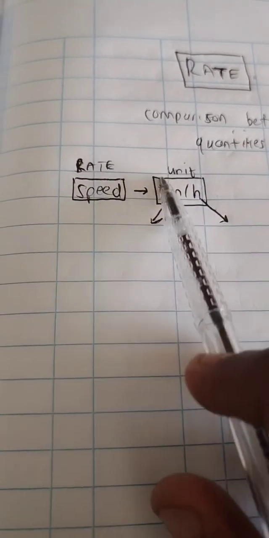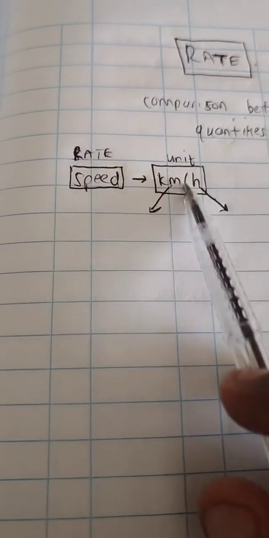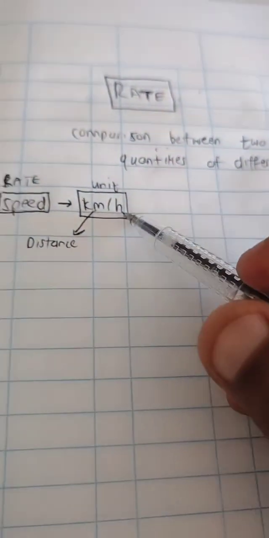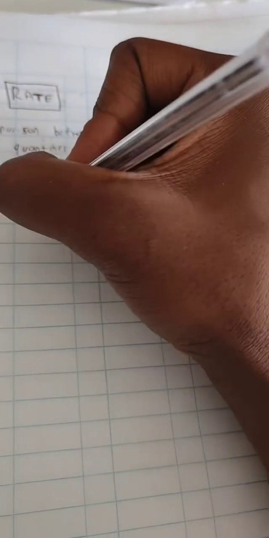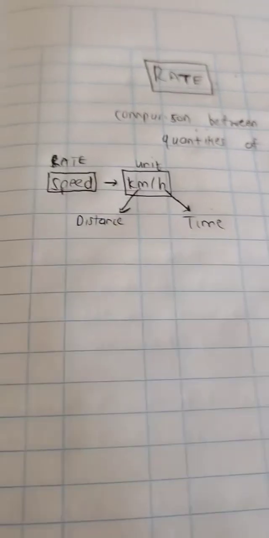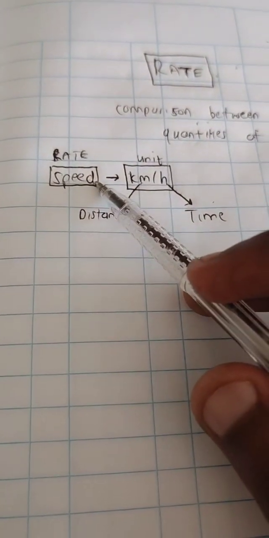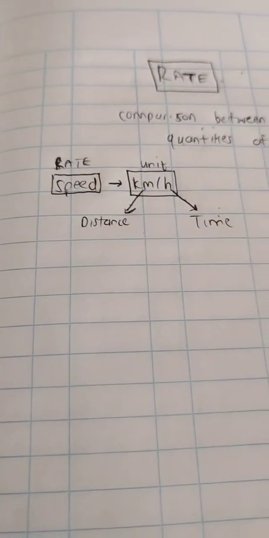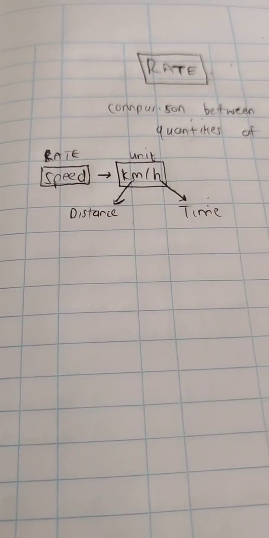Kilometers is compared to your hour, and therefore kilometers stands for distance, whereas hour is time. So yes, you are 100% correct there, Brenda. When we talk about speed, we are comparing distance with time.